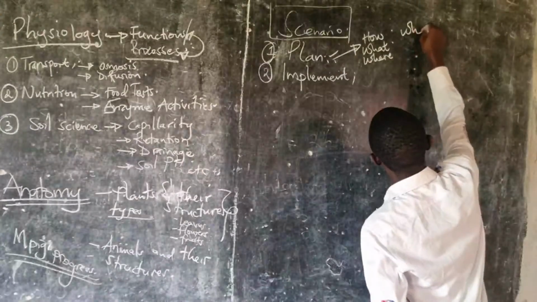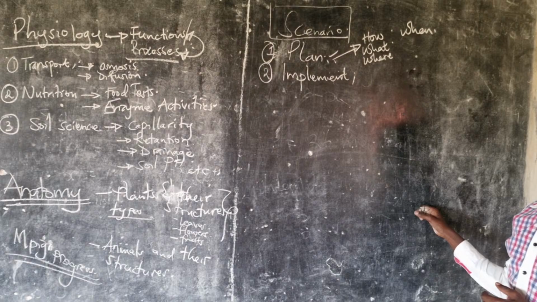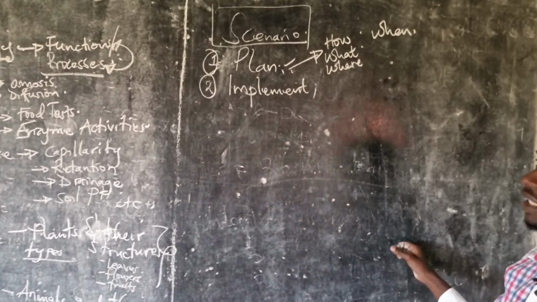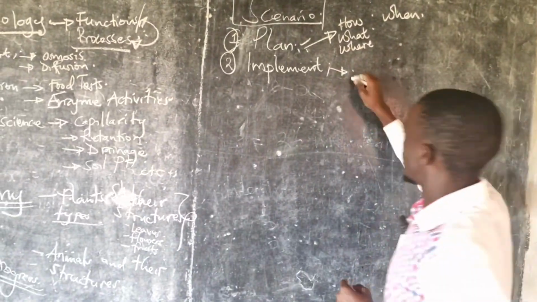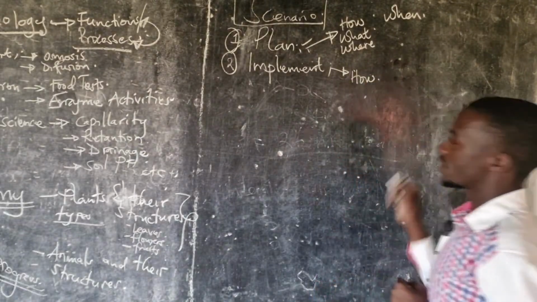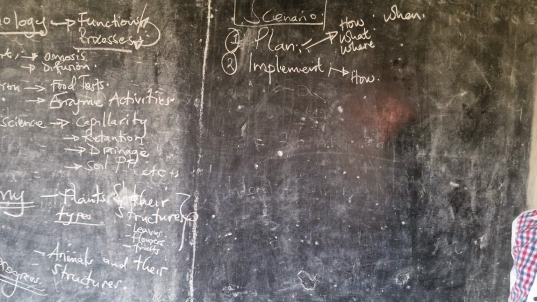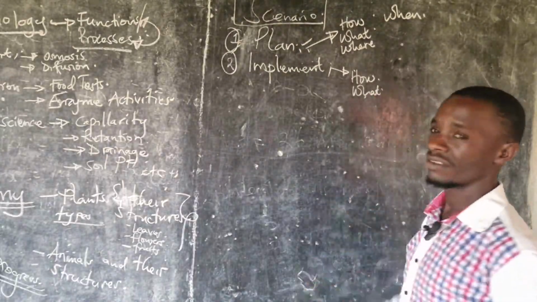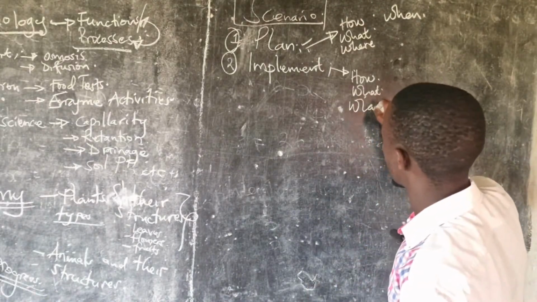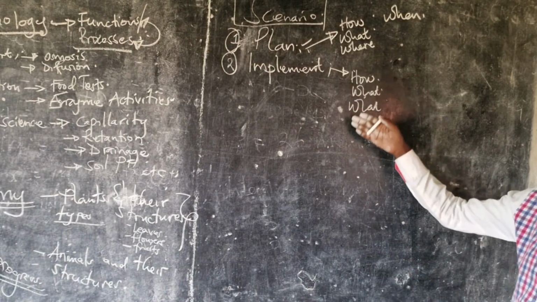And when will I use this? Then, as you are implementing, what should come to your mind is, how am I going to use what I've planned to use? For what? What do I expect?